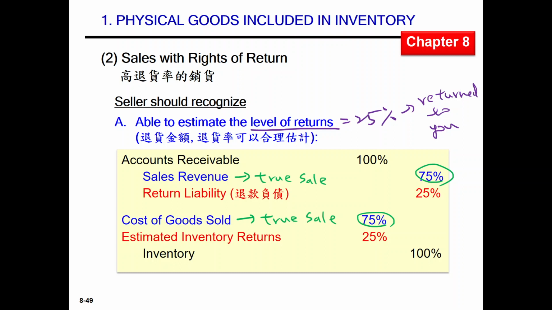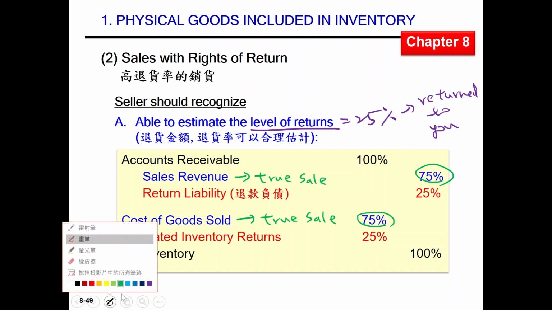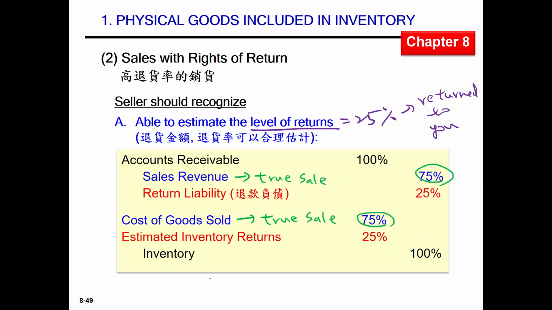If you sold the product, 100 units of inventory, for example, even though in the future you will get 25% back, could you tell me at this moment how many units you gave to customers? 100, right?